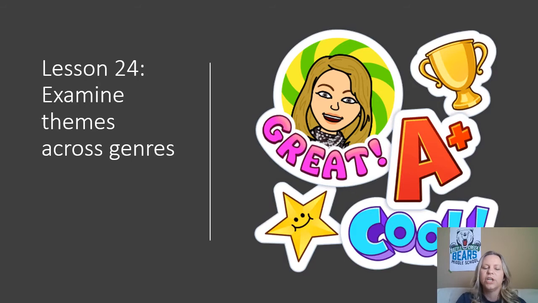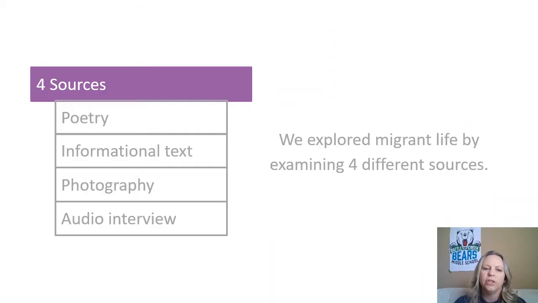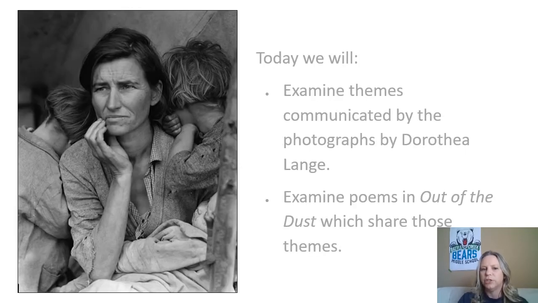All right, so let's go with lesson 24 today. You remember in 23, we looked at a poem, we looked at informational text, we looked at photography, and we also looked at an audio interview, and we explored or analyzed those different sources for migrant life to get a better understanding of what migrant life was like during this particular time.